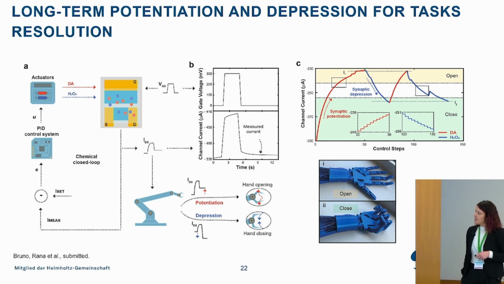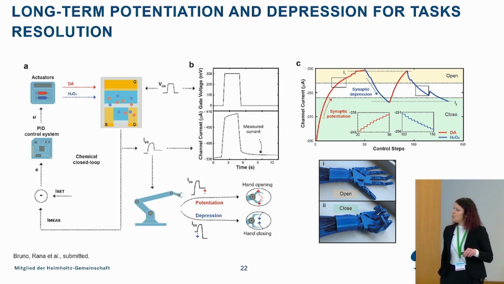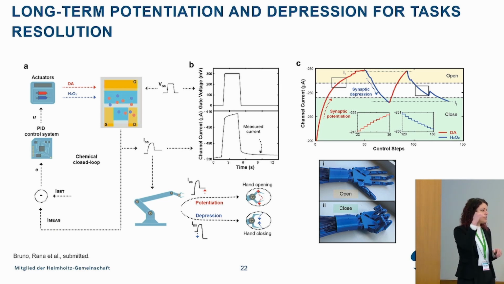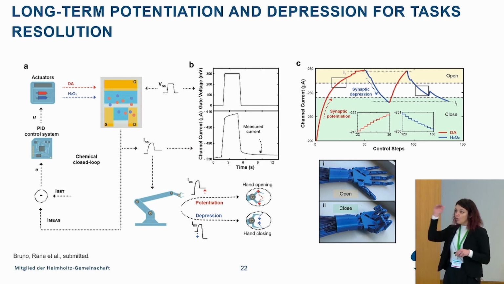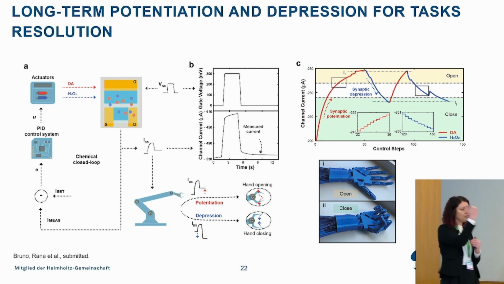So we implemented a feedback loop control with a PID system. We set two targets, open and close, by setting the current as a goal in the channel current of the transistor. And with this, the artificial neuron could reach those targets by alternating the neurotransmitter and the hydrogen peroxide.